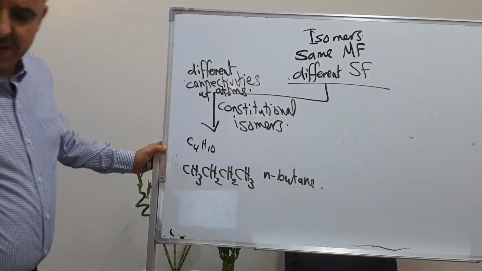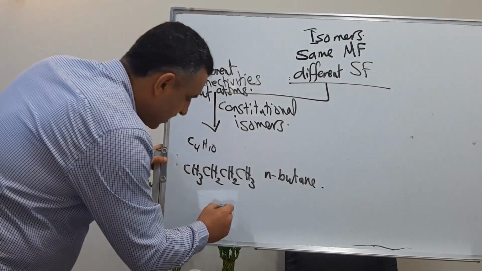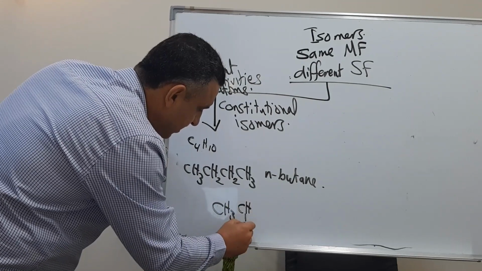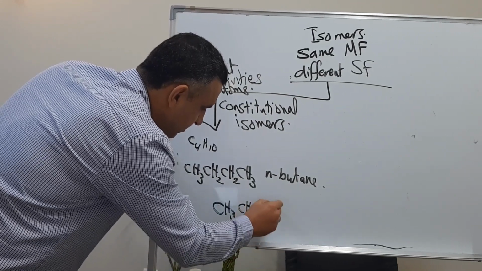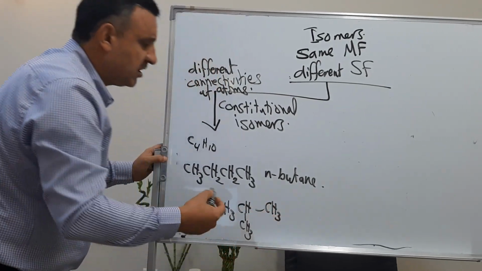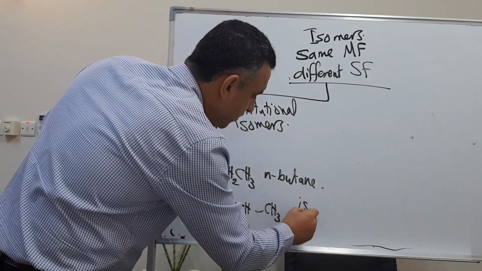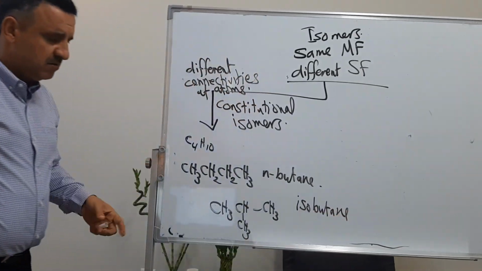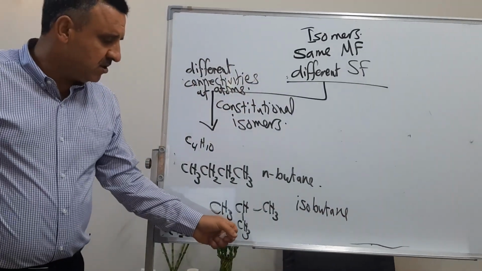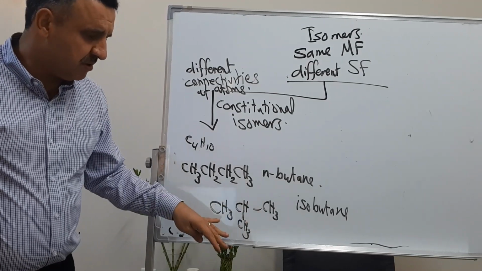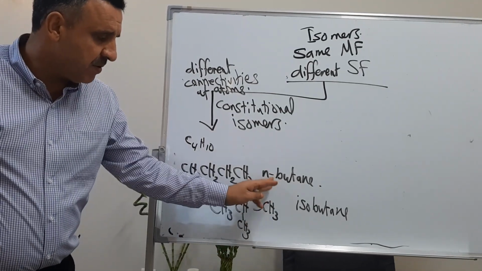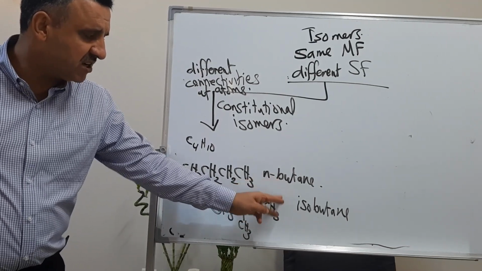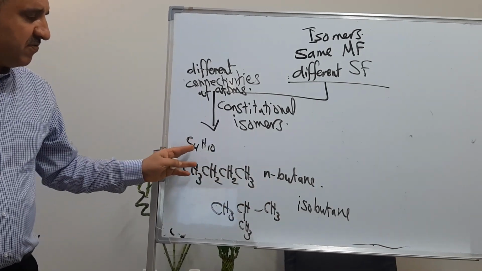Or we may have the carbon skeleton like this way, CH3, CH, CH3, then CH3. As a common name, we call this isobutane. Of course, IUPAC will call it differently, 2-methylpropane, as we'll come to this later. But here we have 2 compounds, or 2 different structural formulas, for C4H10.